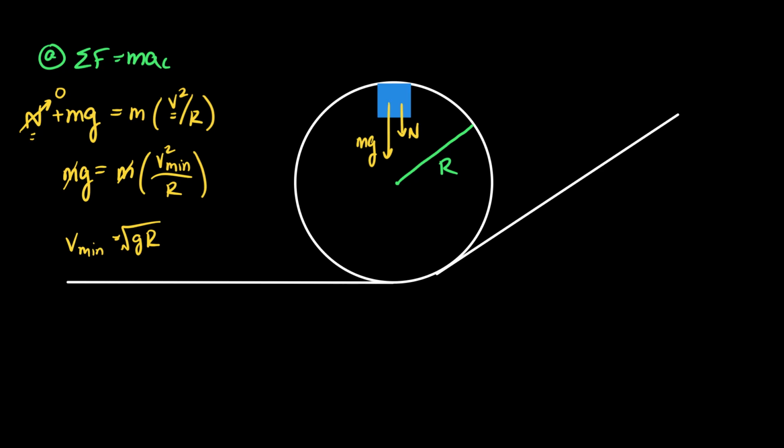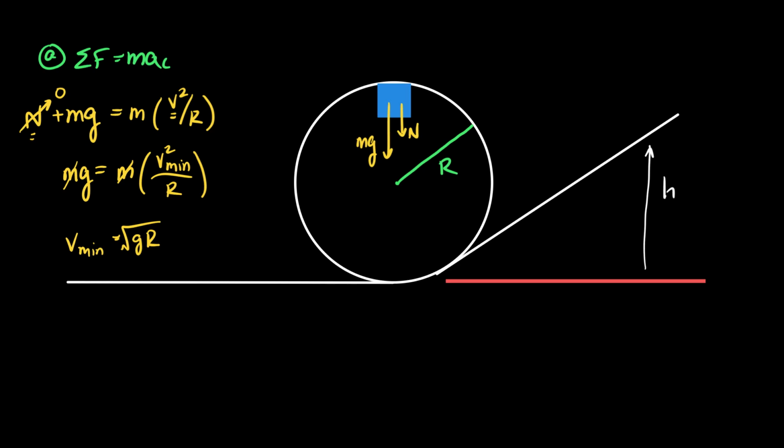B, find an expression for the height the block attains after successfully traversing the loop in part A in terms of r, m, and any fundamental constants. So I believe they're asking me to figure out how high above the baseline the object will be after it makes it through the loop.